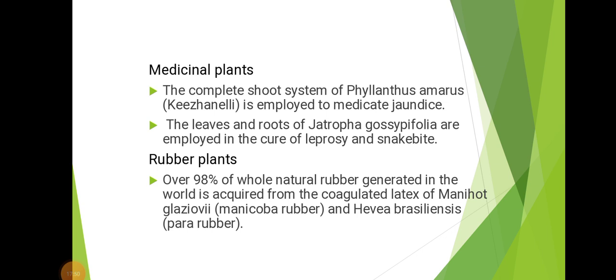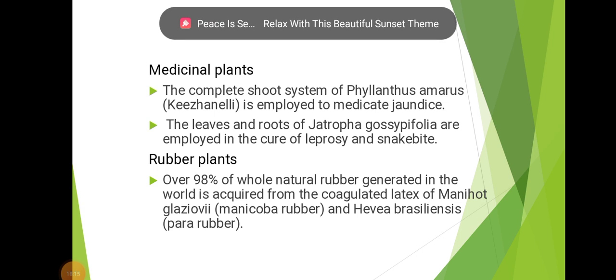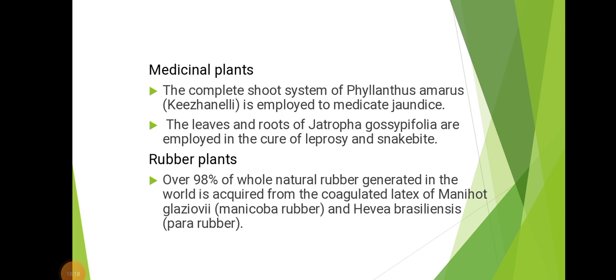If you see the rubber plants, over 98% of the whole natural rubber generated in the world is acquired from the coagulated latex of Manihot glaziovii and Hevea brasiliensis, the para rubber.